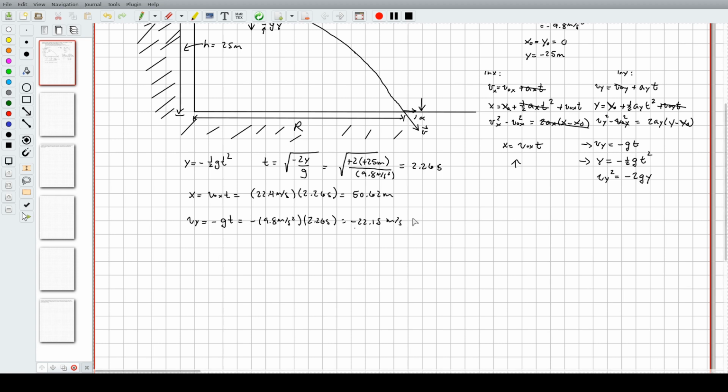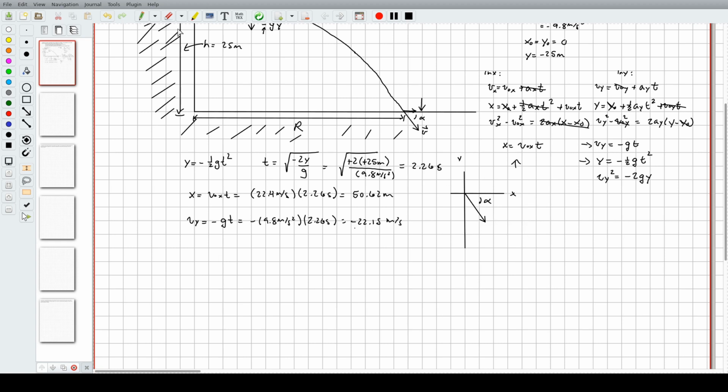So let me draw a little coordinate system here, like this, showing sort of where it impacted, like that. Here is the vector going down into the ground like that. Here's our angle alpha, which we need to find. And let's see here.